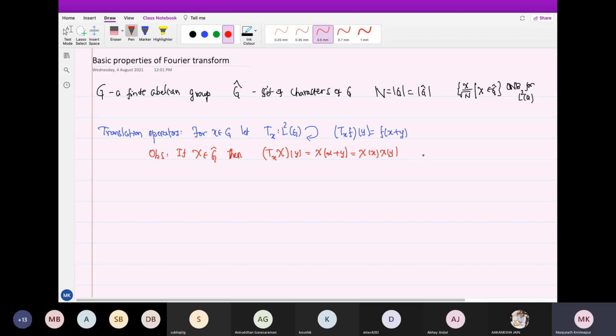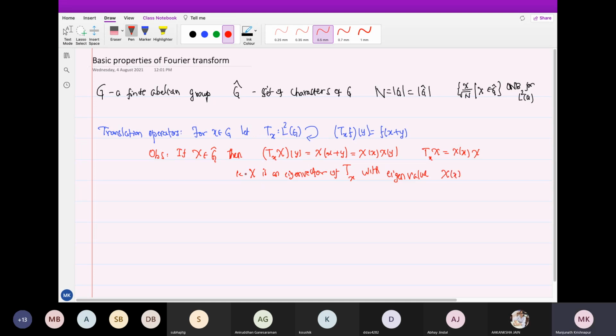So what we see is that t_x applied to chi gives us chi of x times chi. So chi is an eigenvector of t_x with eigenvalue chi of x.